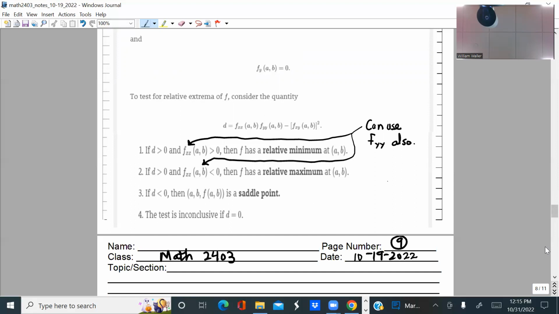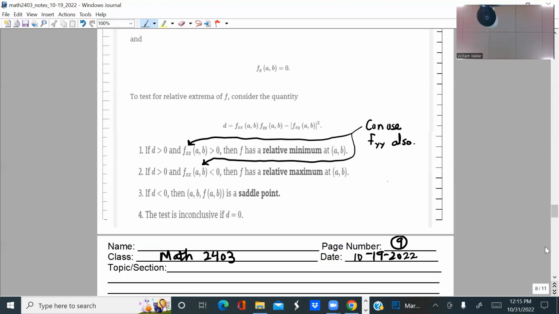So take the partial with respect to x twice times the partial with respect to y twice, minus the partial with respect to x then y, squared. That gives you a value called D, and then we apply these tests using that value.